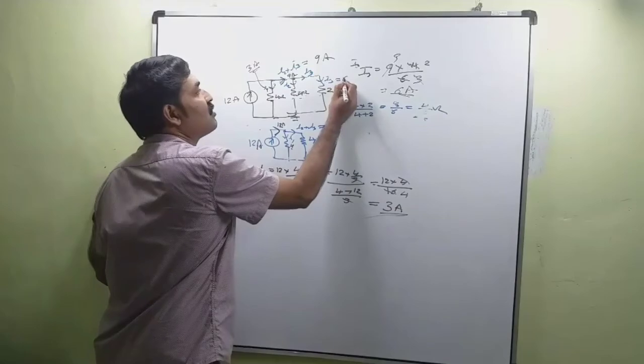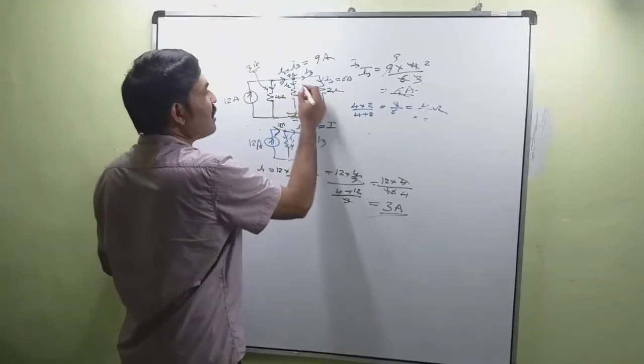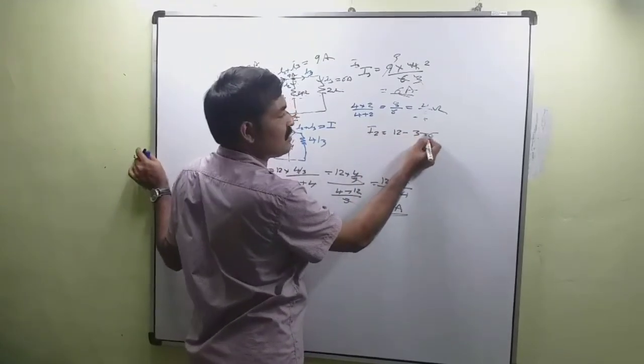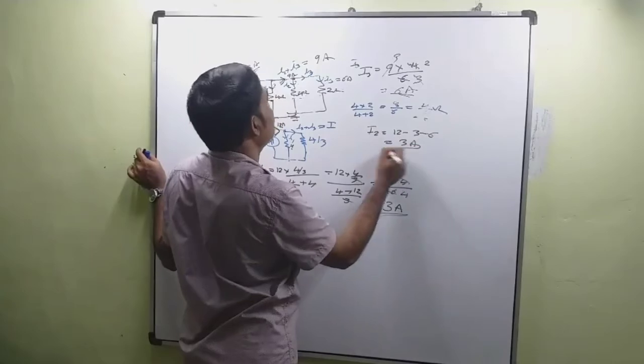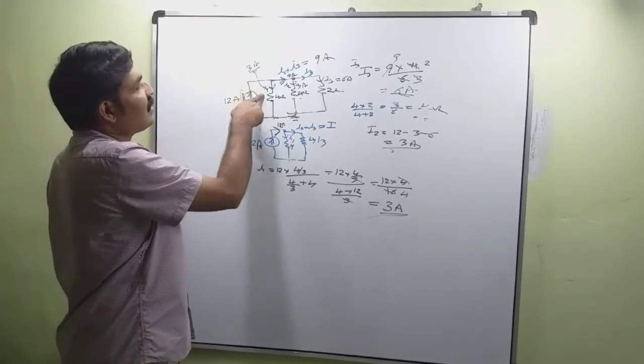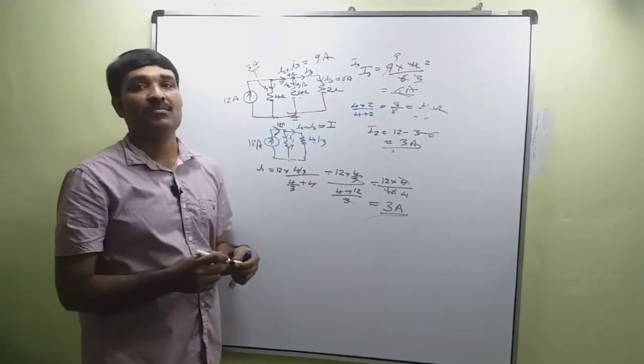So I3 is equal to 6 amp and this current is equal to 3 amp. So I2 is equal to 12 minus 3 minus 6, that is equal to 3 amps. So the 12 ampere is equal to 3 plus 3, that is 6, plus 6, which is equal to 12 amps.